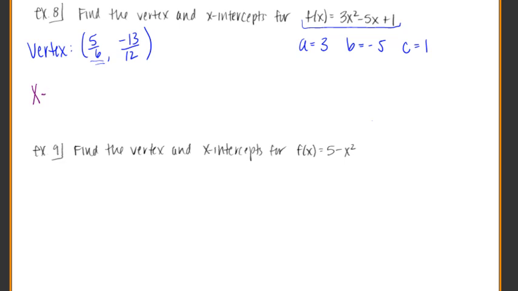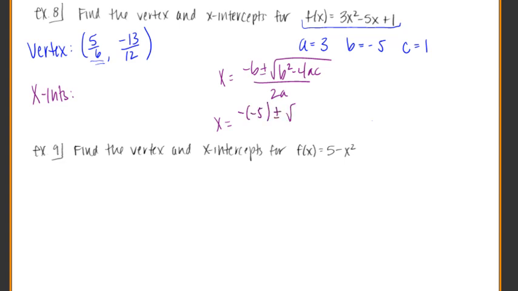And with our x-intercepts, we're going to use that other formula that we had to memorize. Okay, just remember x is equal to negative b plus or minus the square root of b squared minus 4ac all over 2a. Just remember, any of these formulas that we're using, y'all are going to be responsible to know for sure. So negative 5 plus or minus the square root of negative 5 squared minus 4 times a times c all over 2a.